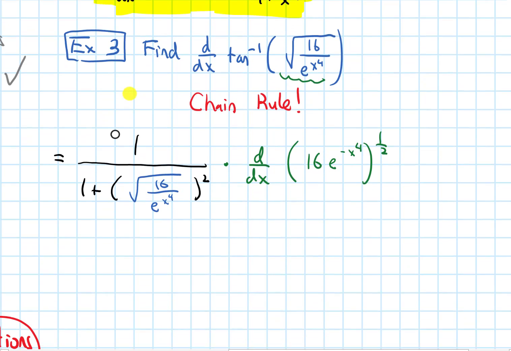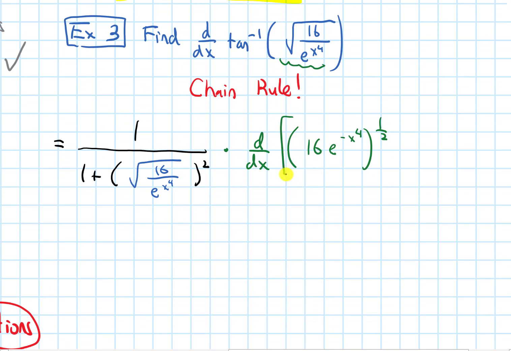Okay, so from here, this is looking hopefully not too bad now. So we end up with 1 over 1 plus, and when I square this term, it'll get rid of that root and give me 16 over e to the x to the 4. And for this derivative, I need chain rule.